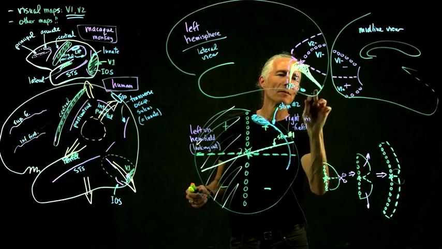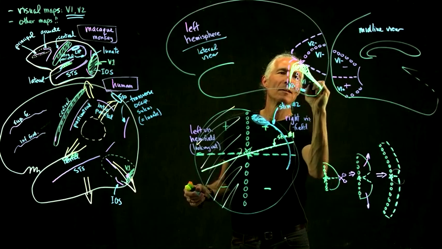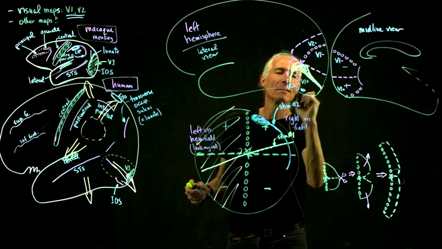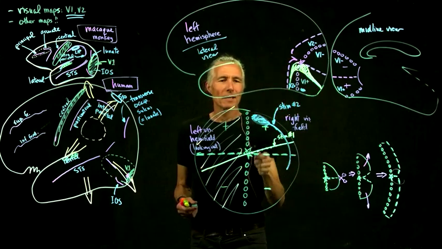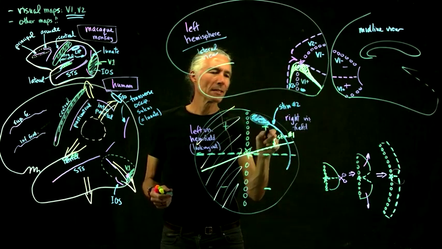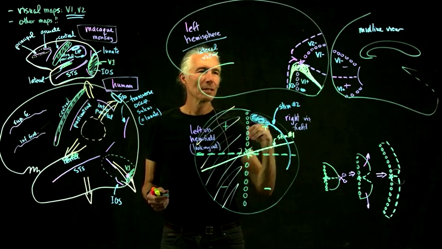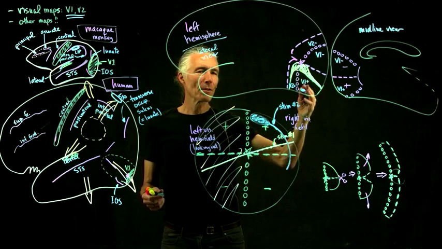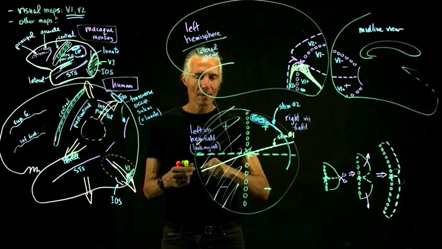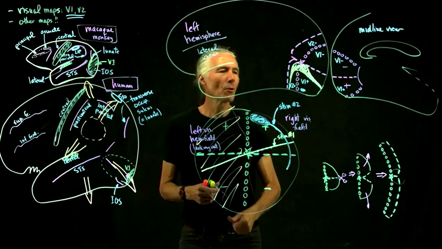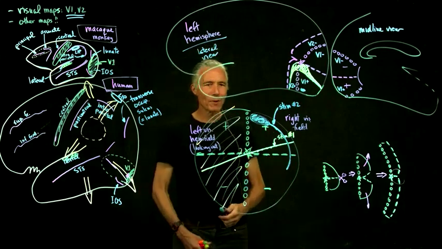I'm going to move my V1 up here, V1 plus there. So it's going to be much smaller than it is in the visual field because this guy is way out in the periphery where the retinal density is much lower.